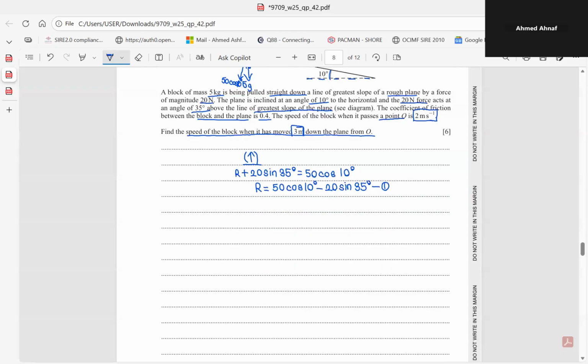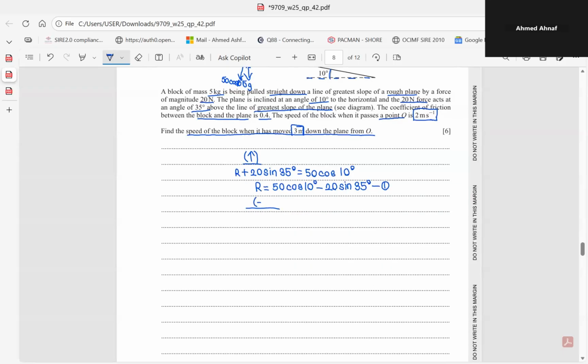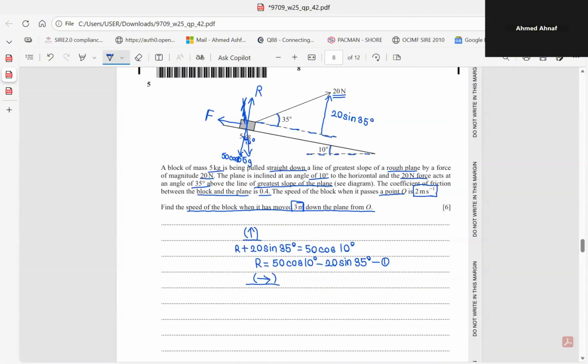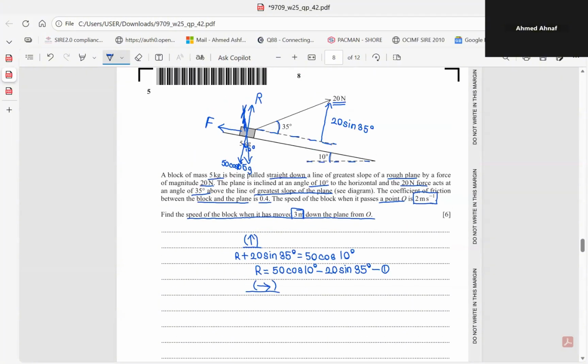And now let's do the forces parallel to the slope. So obviously relative to the slope, it's accelerating in this direction. So take the forces to the right first. That would be the component of the 20 Newton force, which is 20 cos 35, as well as the weight, which is 5g, sine 10.